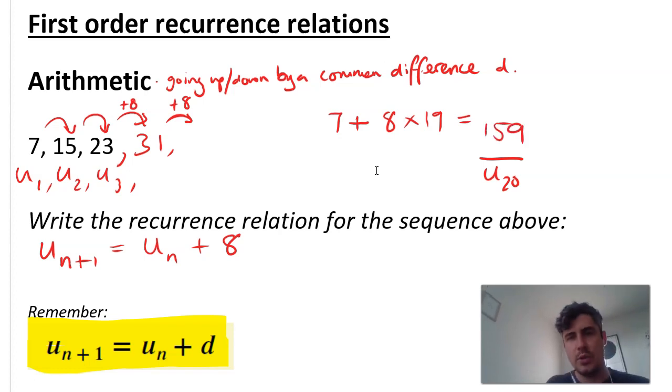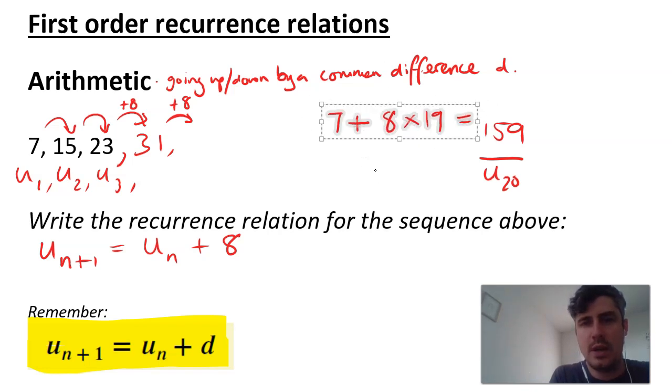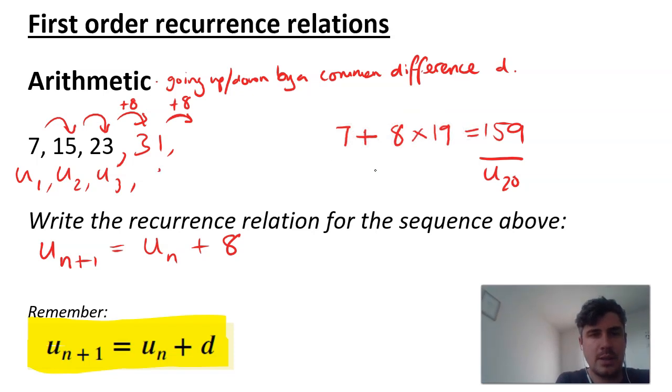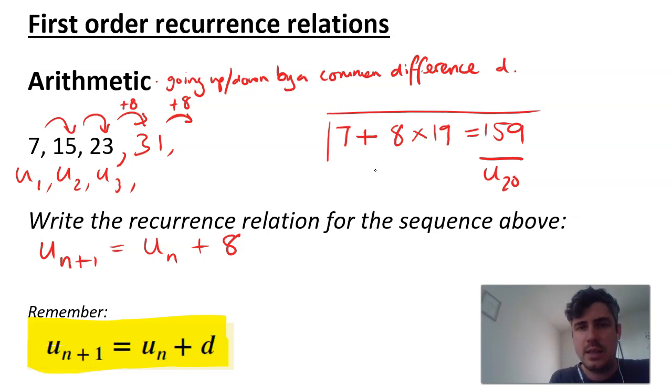Now that was using effectively an algebraic rule. A recurrence relation is fine for doing one step at a time, so adding 8 each time. But doing this is actually a lot more efficient when you're forecasting further along a sequence.